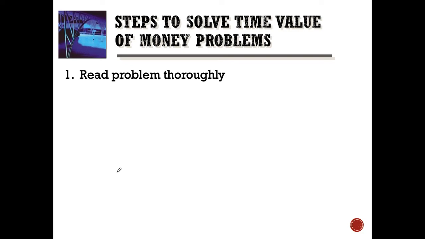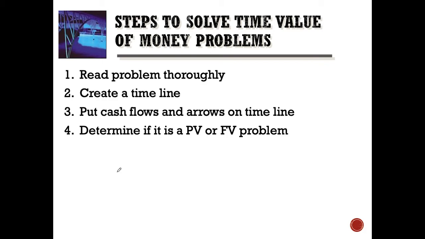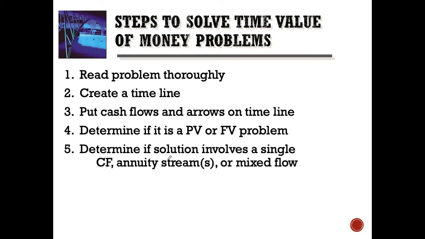Okay, these are the steps to solve time value of money problems. First of all, read the problem thoroughly and then create a timeline. Then put cash flows and arrows on the timeline and determine if it is a present value or future value.